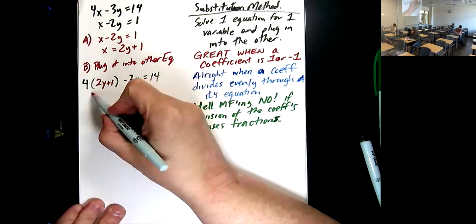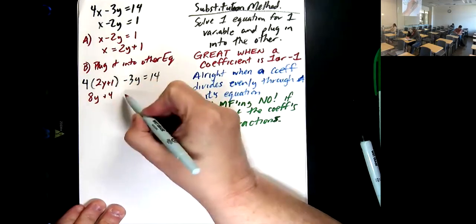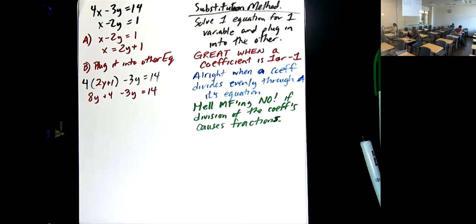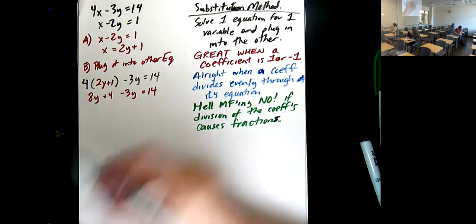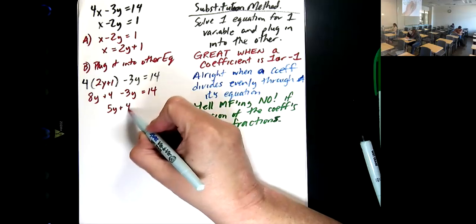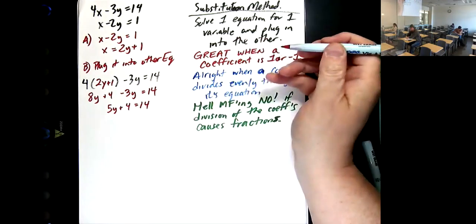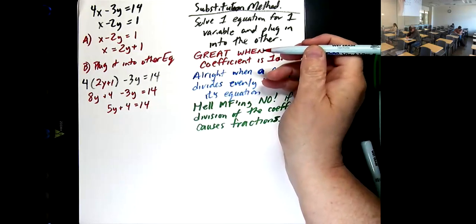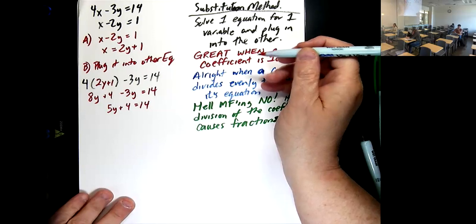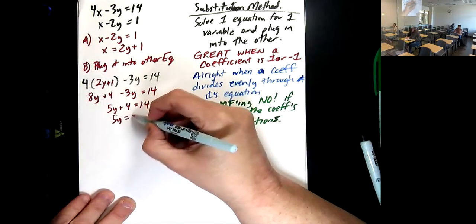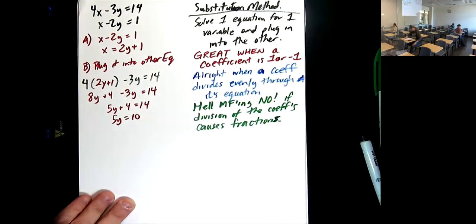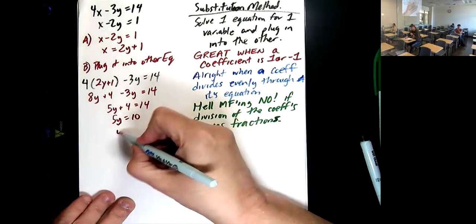So we'll distribute, we got 8y plus 4 minus 3y equals 14. So I got 5y plus 4 equals 14. So 5y equals 10. Just subtracted the 4 from both sides. Divide by the 5 and I get y equals 2.